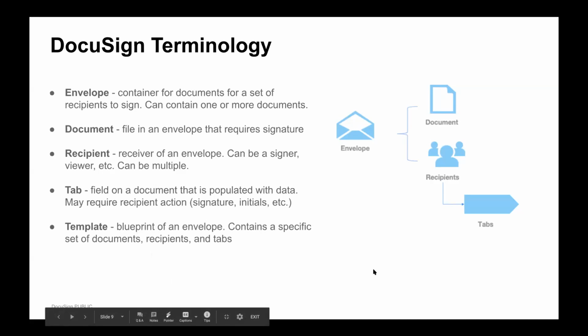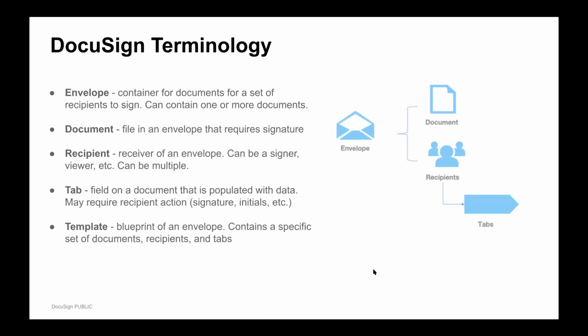Then the recipient is who obtains an envelope that needs to sign documents. However, recipients can have a variety of roles, such as a signer, a viewer, or an editor. And there can be multiple recipients as well. A recipient can be designated within a parallel or sequential order in the signing process.